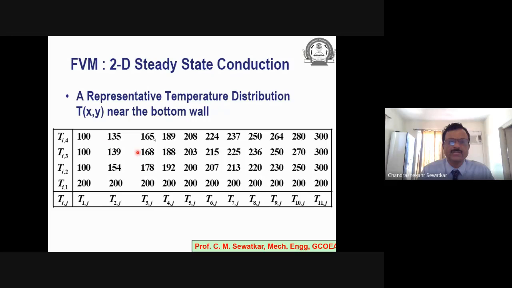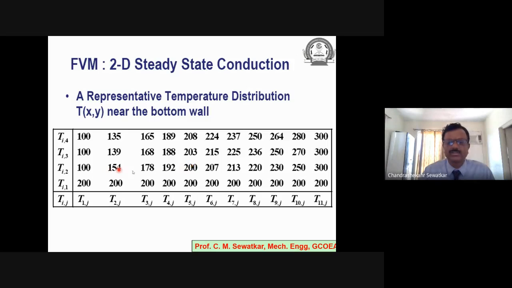Additionally, we can also find out the heat transfer across a certain face of the plate, which may be of engineering importance. This is the data I have represented for the bottom boundary. The bottom boundary is at 200 degrees Celsius, and I am writing here the temperatures at the inner cell centers just above the bottom boundary.